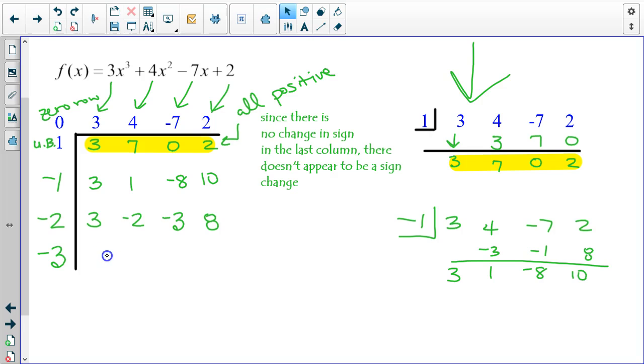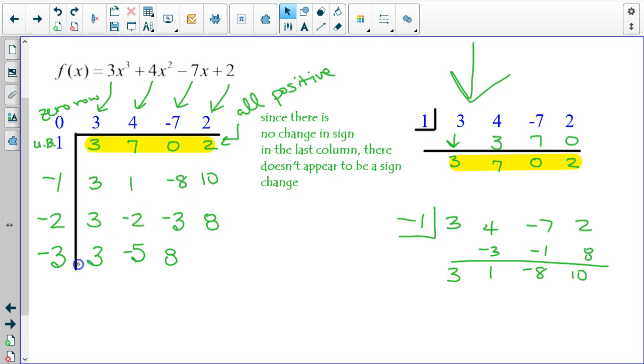Always stair step up. Okay. Go ahead and see if negative 3 works. Do it. Negative 3 times 3 is negative 9, plus 4 is negative 5, 15, 8, right?